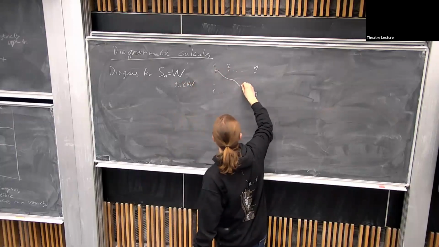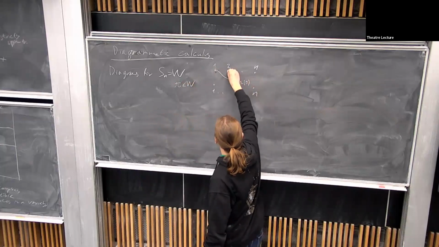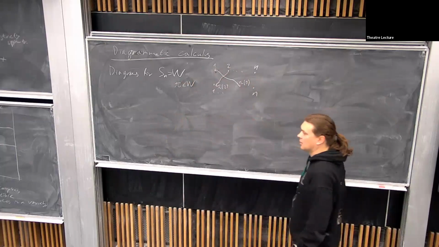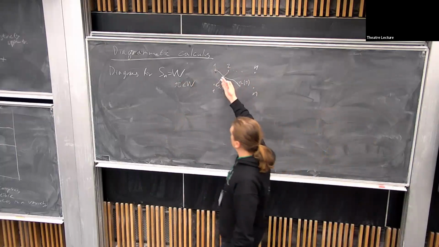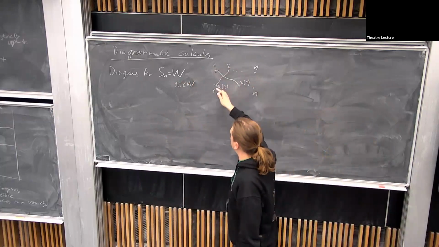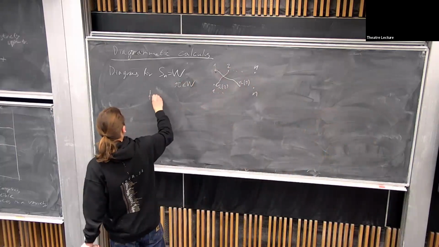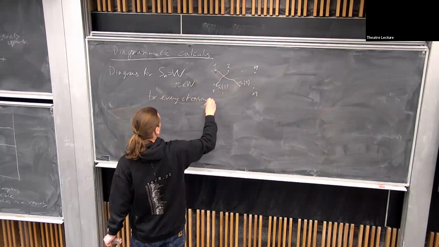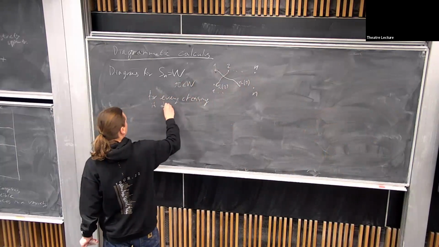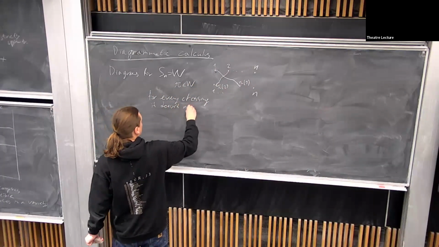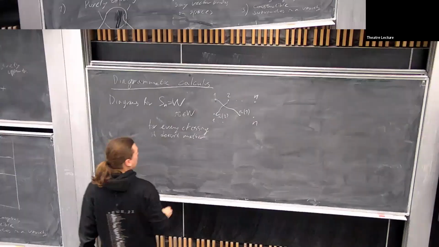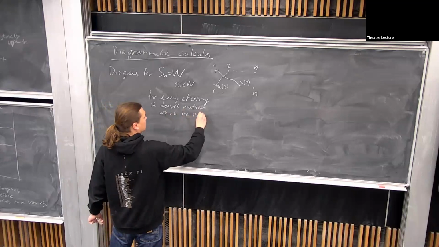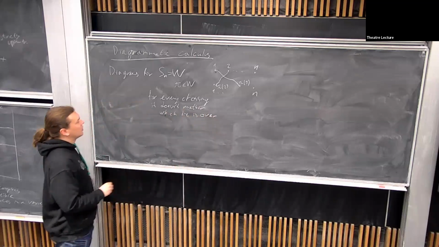Then 1 will be connected to pi of 1, 2 will be connected to pi of 2, and so on. It doesn't matter which line is over at a crossing, because we are dealing with permutations.